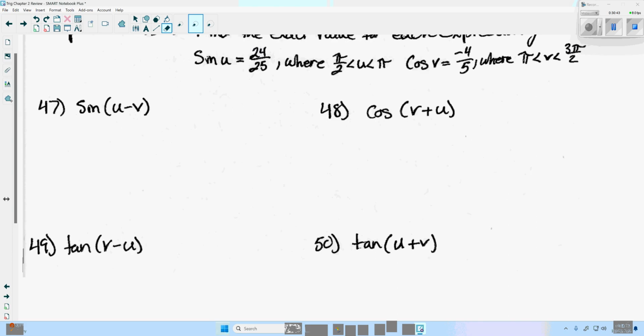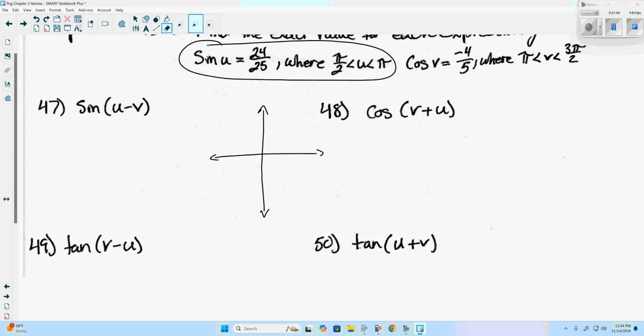Now for this here, I'm going to put it right here in the middle, because we're going to set our triangles up. On the test, if you have space down at the bottom, I'd put it there. I'm just putting it somewhere out of the way so we can still work the four problems. Because up here, it told us angle U is between pi over 2 and pi.